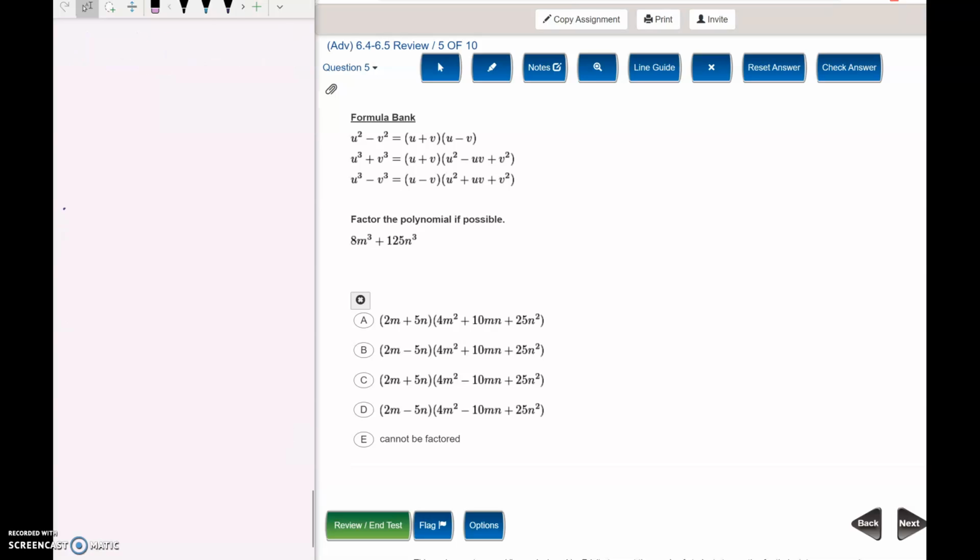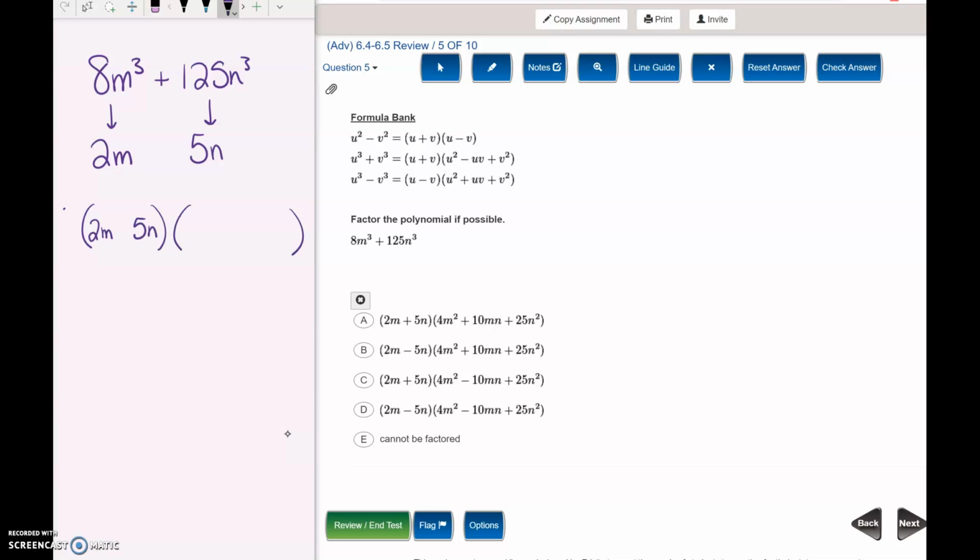The next one is sum of two cubes. 8m cubed is the perfect cube of 2m. 125n cubed is the perfect cube of 5n. So sum of two cubes, we do 2m and 5n.